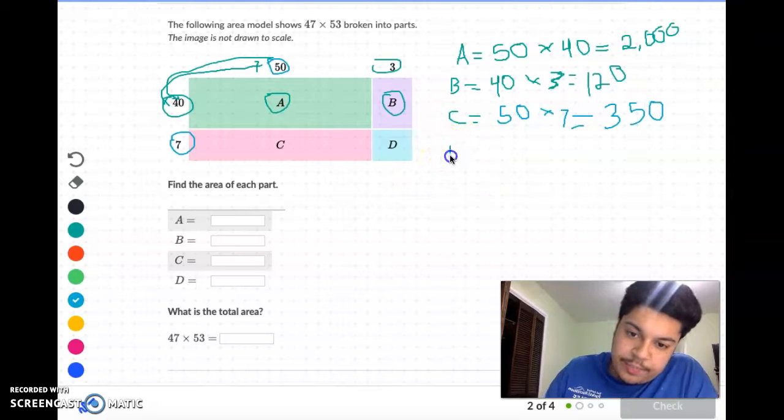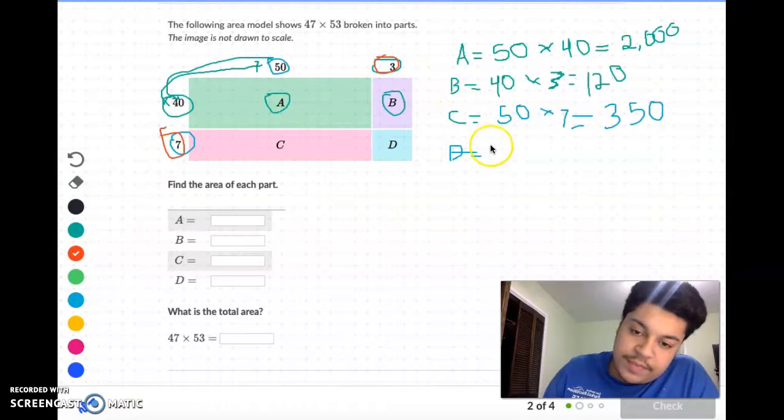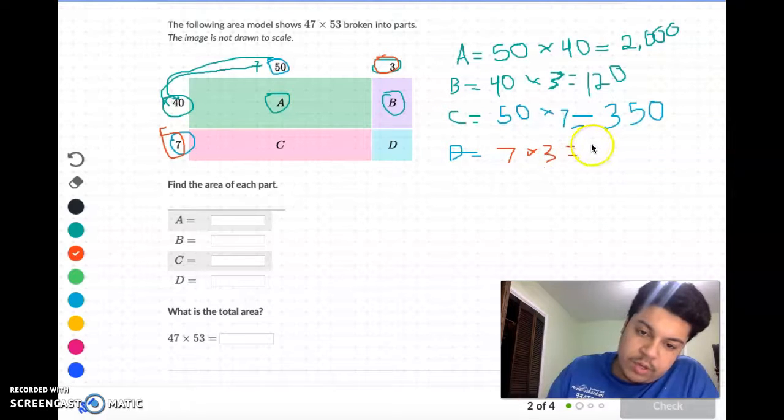And then to find D, we just do 7 times 3, which is equal to 21.